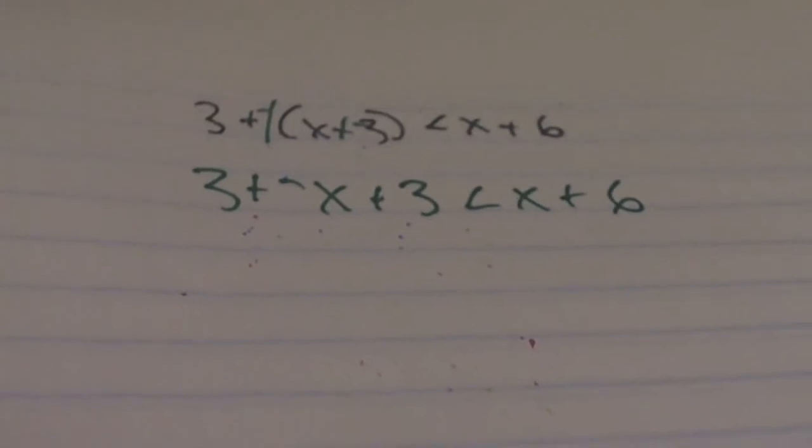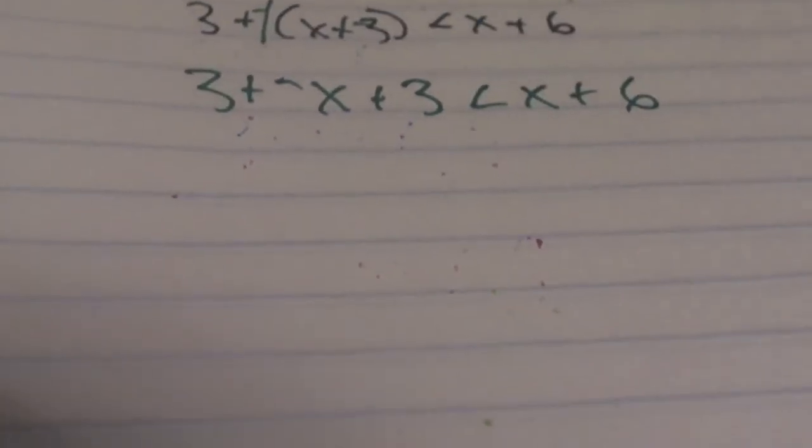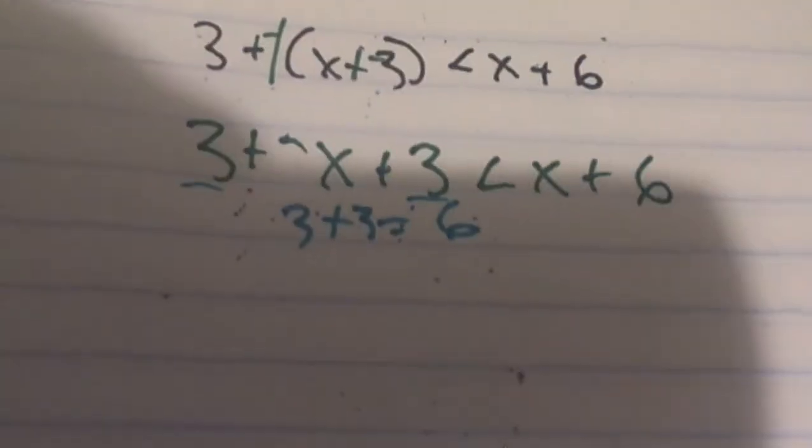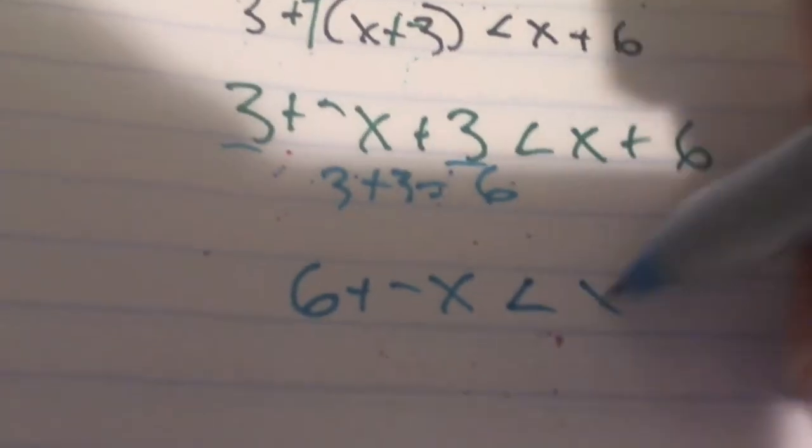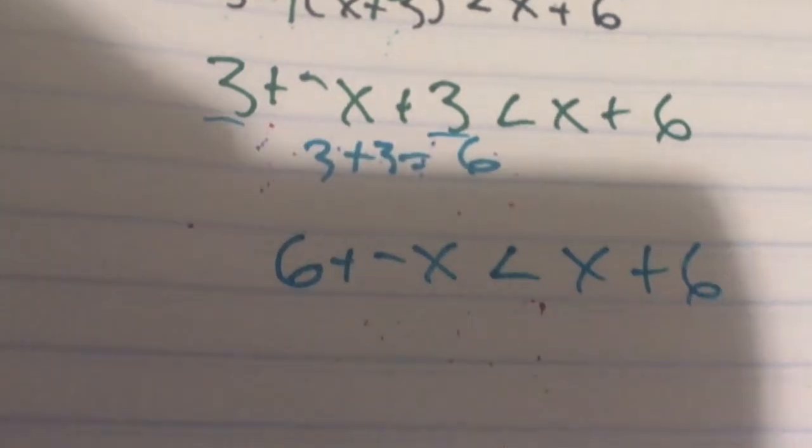Okay, once again, we have to combine like terms. So let's combine 3 and 3. So 3 plus 3 is 6. So now we have 6 plus negative x is less than x plus 6.